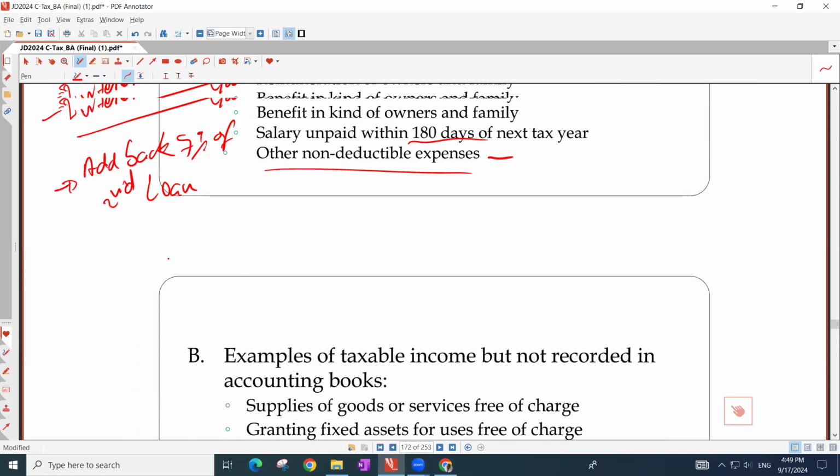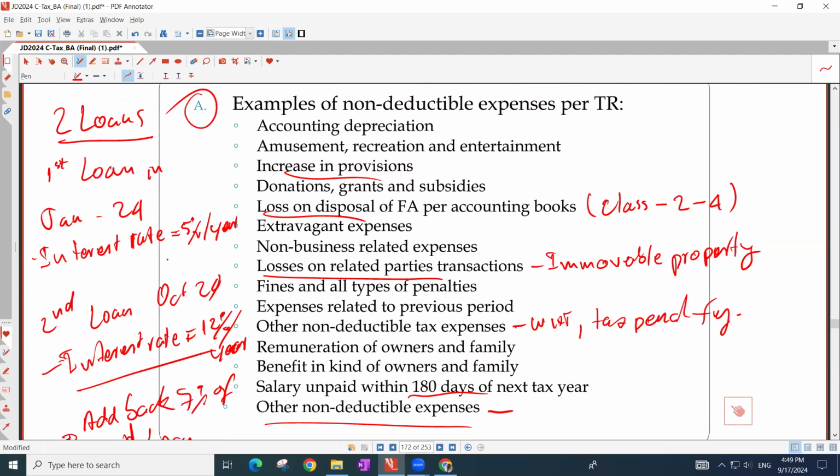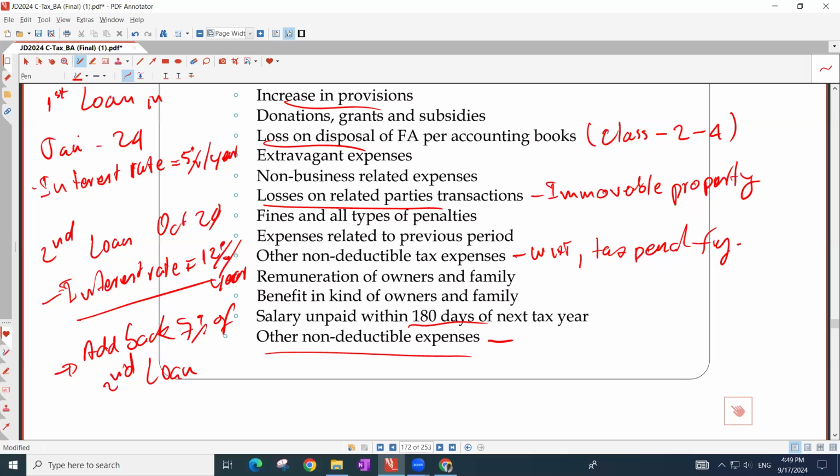This is point A that you need to include: all kinds of non-deductible expense recorded in the books but which cannot be claimed as a deduction from the tax perspective. And then you come to section B.